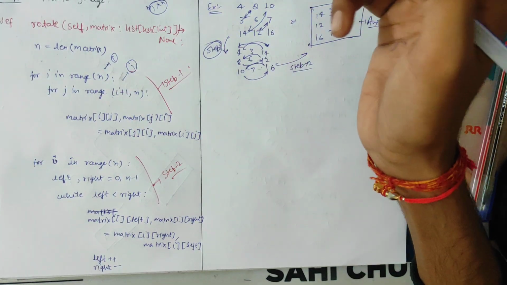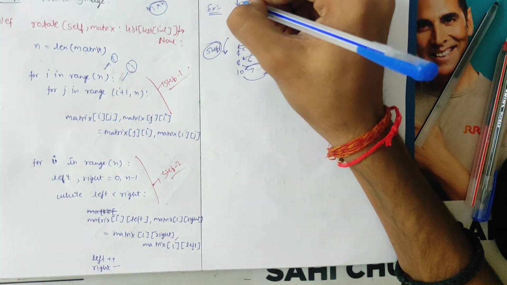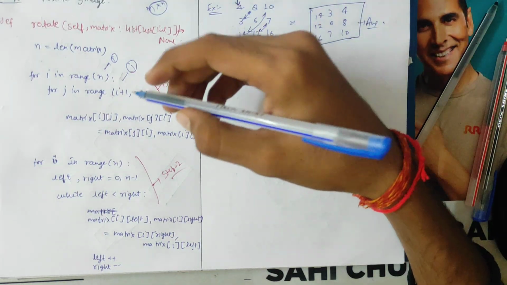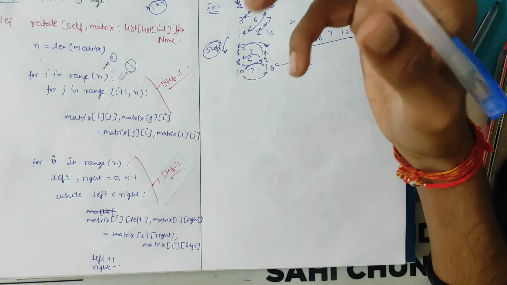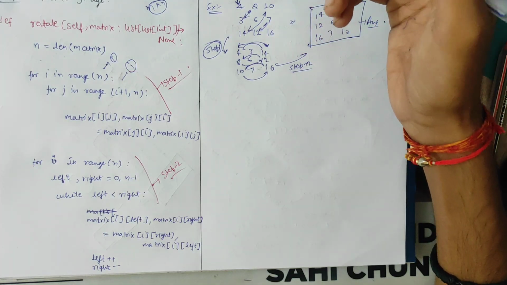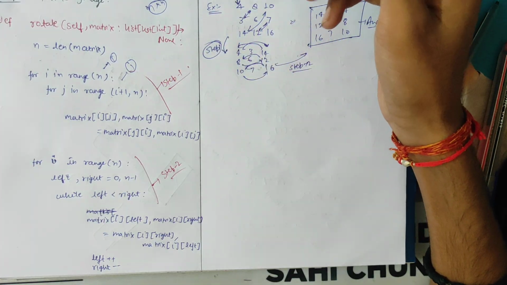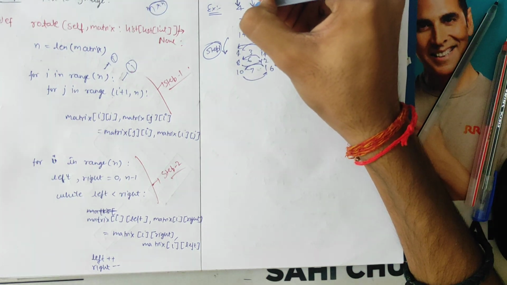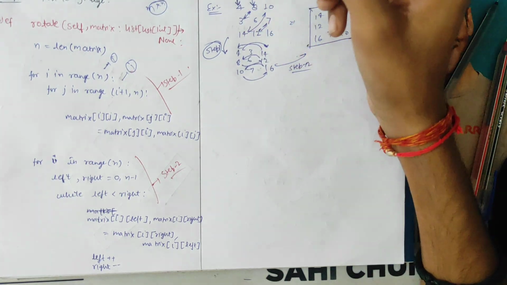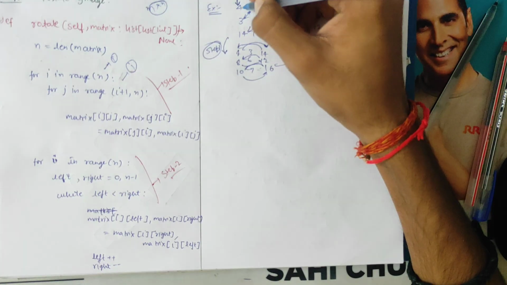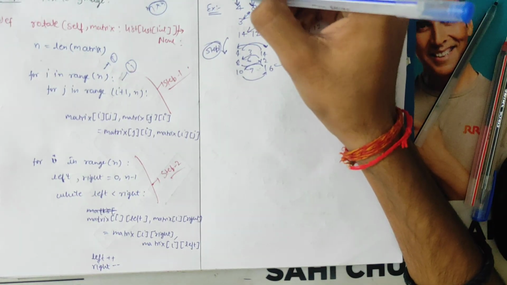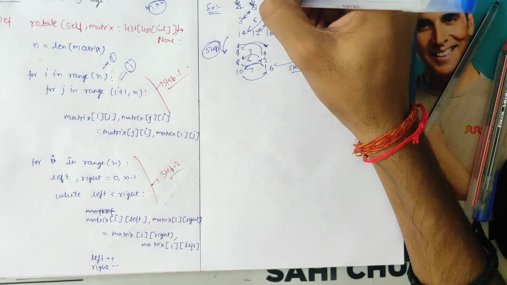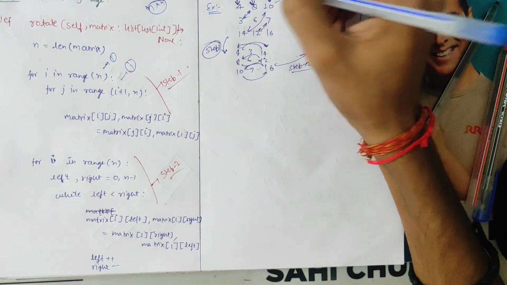We are using 2 pointers, first one is I and the other one is J. I starts from 0 and J starts from I plus 1, because the first element getting swapped is 8 here. J goes up to n, because that element is also getting swapped. It is the nth element.